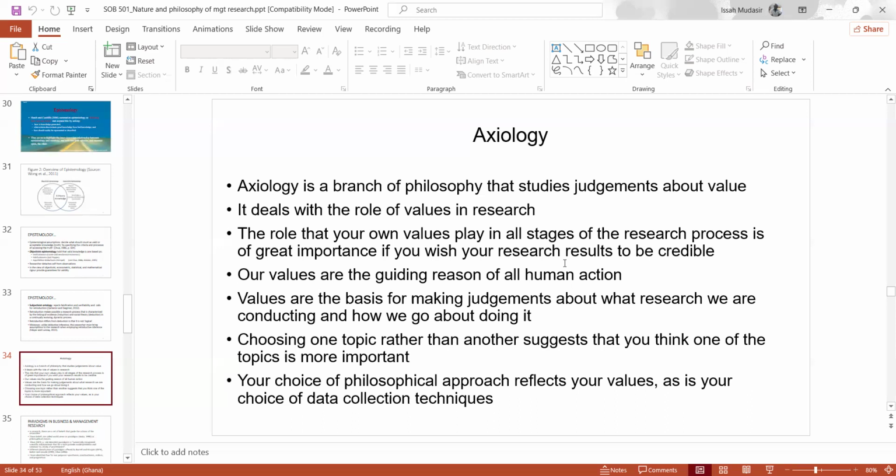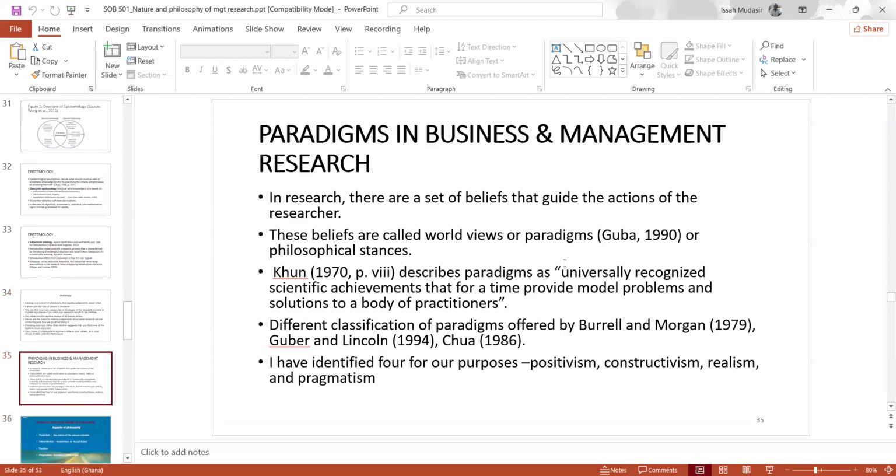Now, I'm saying that when you put all these philosophical assumptions together, it leads you into what we call research paradigms.